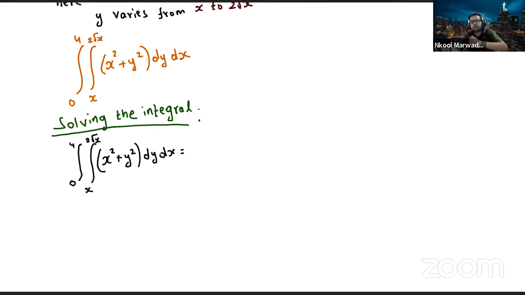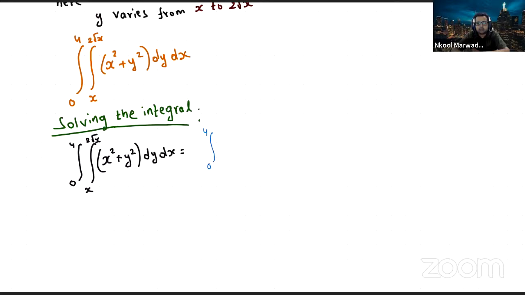It will be something like this. The inner integral, when I solve it with respect to y, x will be treated as constant.